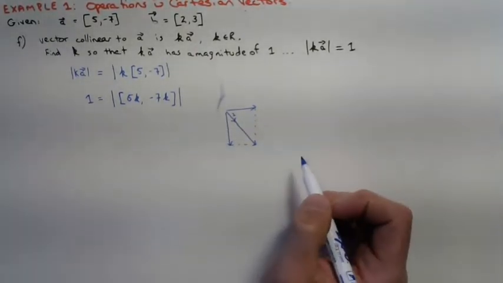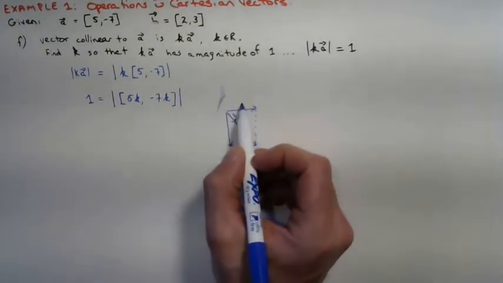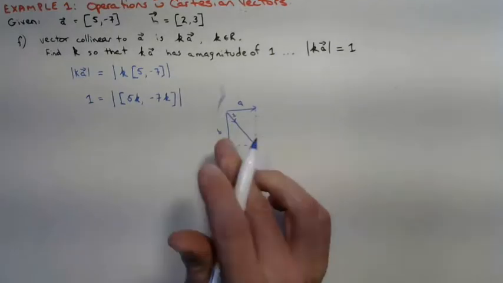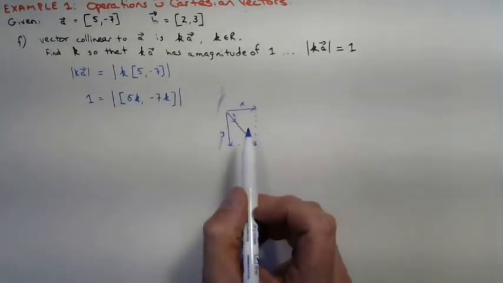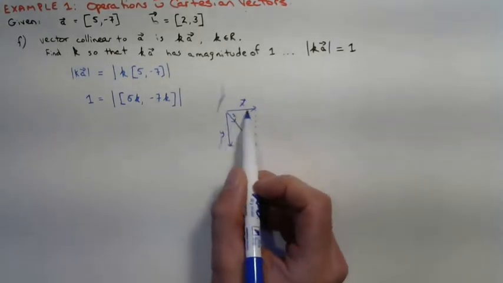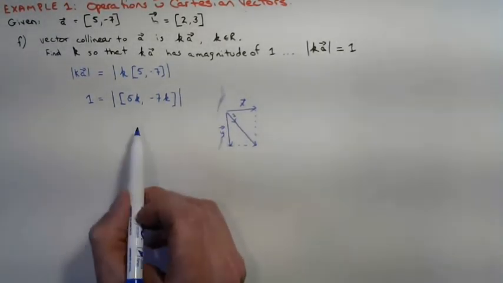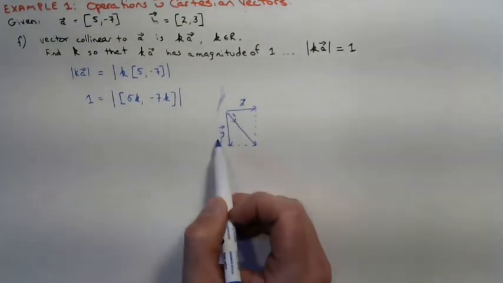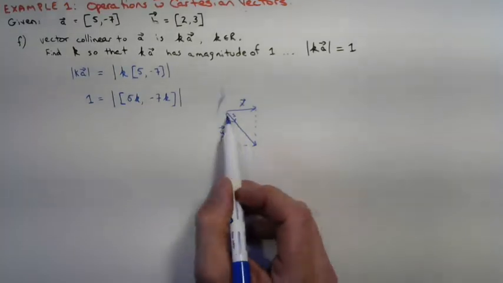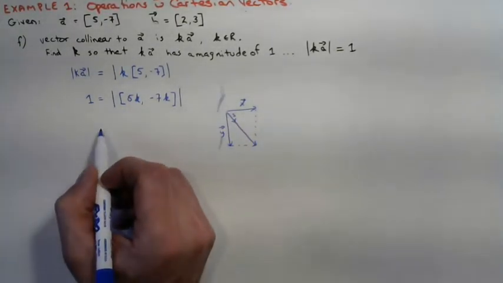That's what we're doing here, so that you can visualize it. So again, we're going to be using the Pythagorean Theorem. I'm not going to use a and b, I'm going to use x and y because we already have a and b in here. So that's the horizontal component and the vertical component. And we know that if we take x squared plus y squared and square root it, we're going to get the length of our hypotenuse. So that's what we're going to be doing.